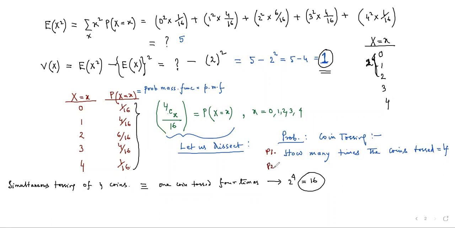Point number 2 is that we considered the coin or coins to be fair or unbiased.